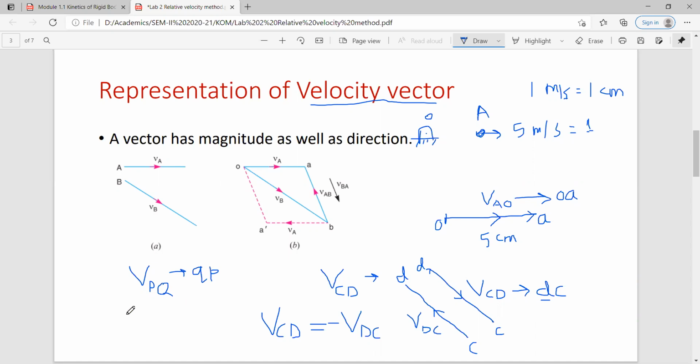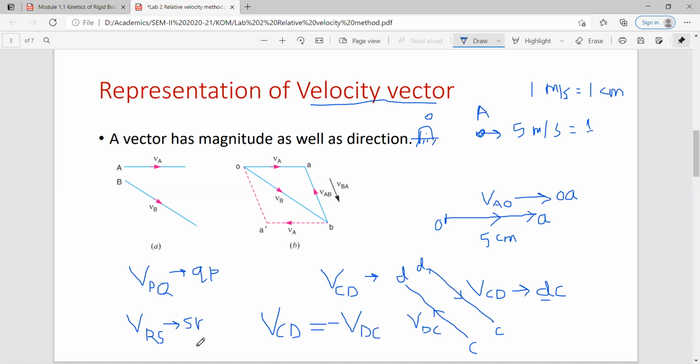Okay, similarly one more example. Suppose I write velocity of point R with respect to S. So you tell me what will be the name for this vector? SR, correct. So small s, small r.